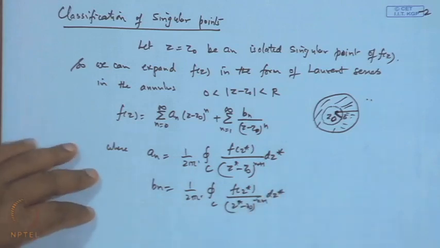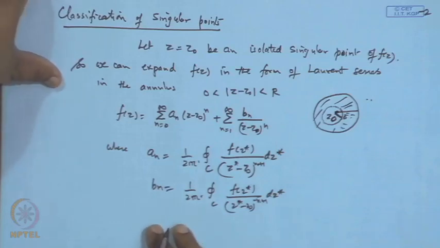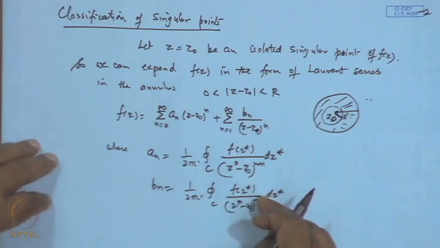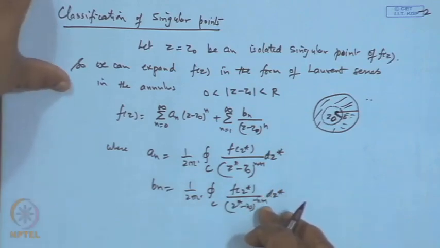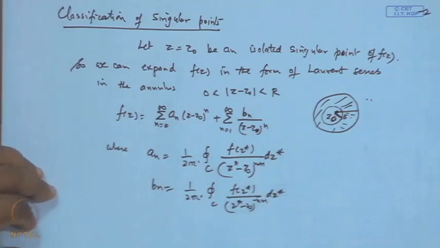That is a single formula, we can write it in this fashion. And so, b 1 is nothing but what? When n is 1, it is f(z star) over (z star minus z naught) to the power 1 minus 1. So, b 1 will be the integral of f(z) dz. So, this is what we get.